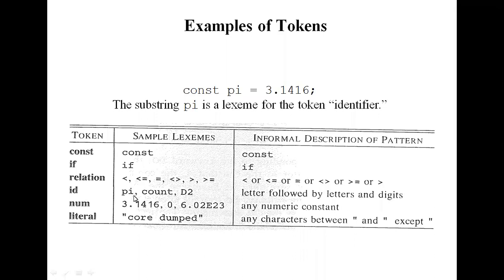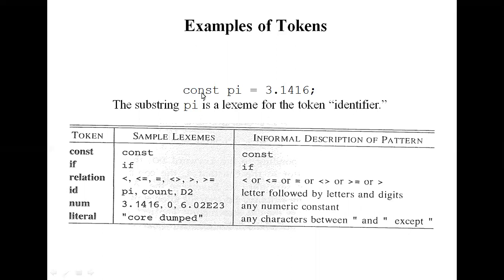Or if my input program consists of pi, it can be called a lexeme. Count is a lexeme. D2. These are some examples in the form of characters, relational operators, keywords, numeric constants, and literals. All these come under the lexemes.